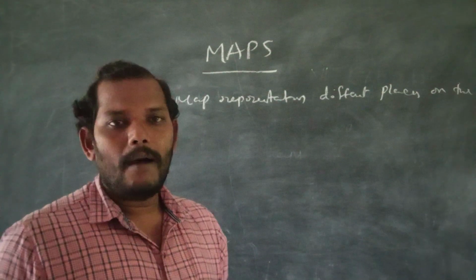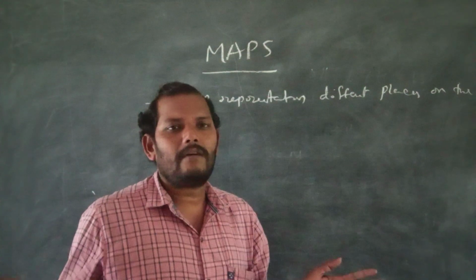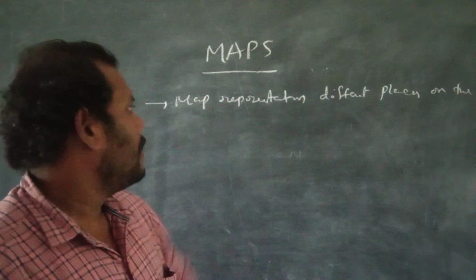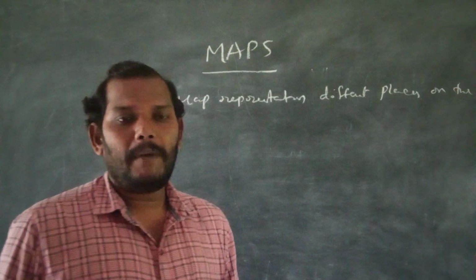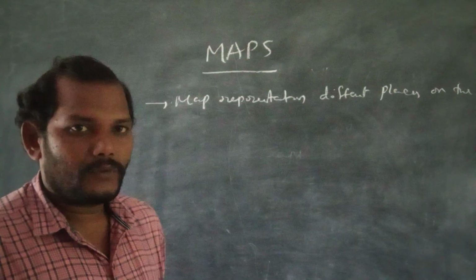It is called the map. Many meanings are given for the map, but this is one of the major meanings. Map is the representation of the places on the earth.